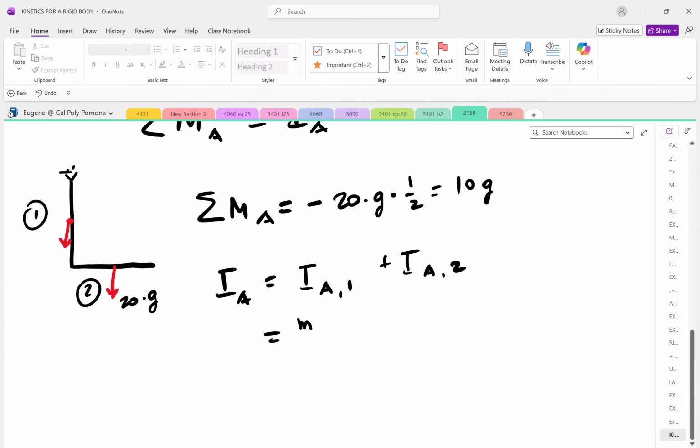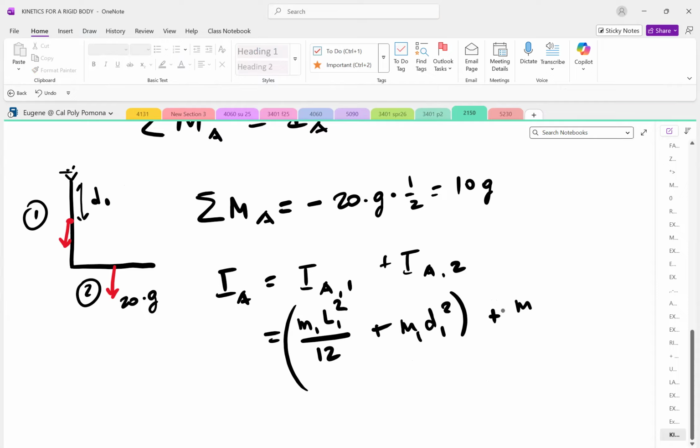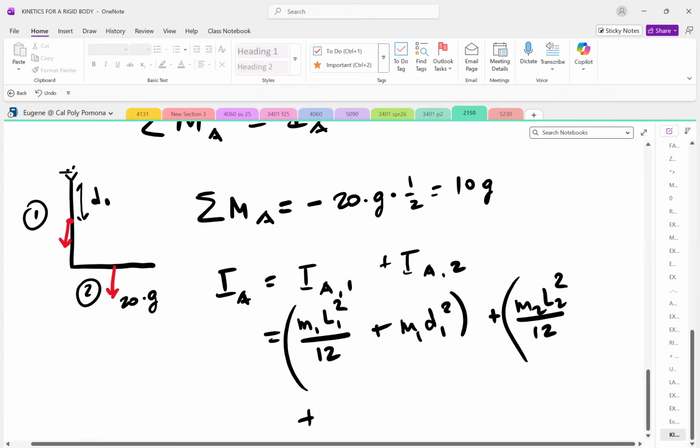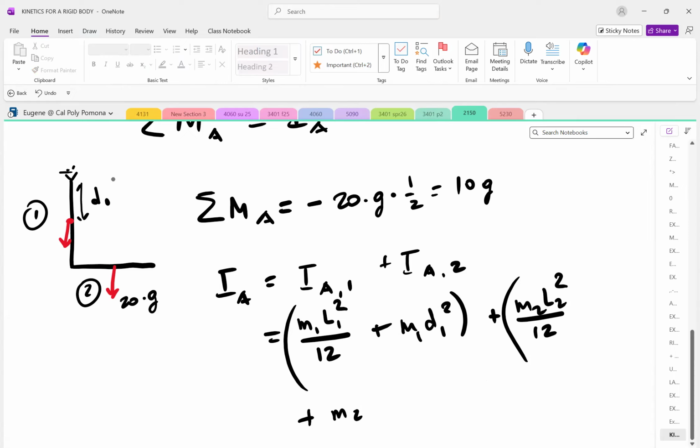So it's going to be M1 L1 squared over 12 plus M1 D1 squared. D1 is this distance. Plus M2 L2 squared over 12 plus M2 times D2 squared, and D2 will be this piece.